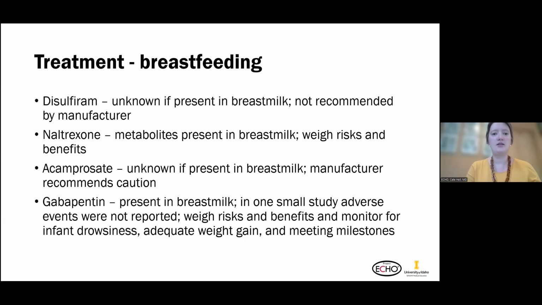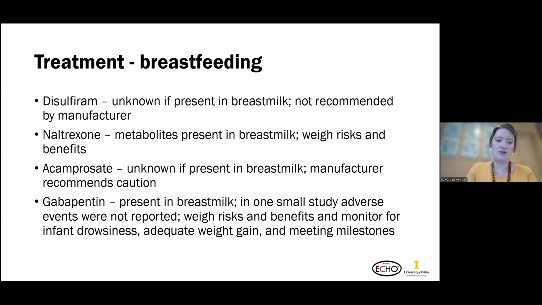Okay. And then when we think about medication treatment for alcohol use disorder during breastfeeding, disulfiram, it's not known if this is present in breast milk, but it's not recommended by the manufacturer. Naltrexone, the metabolites are present in breast milk, and so that's again a risk-benefit conversation to have with the patient. And then acamprosate, again, unknown if the metabolites are present in breast milk.